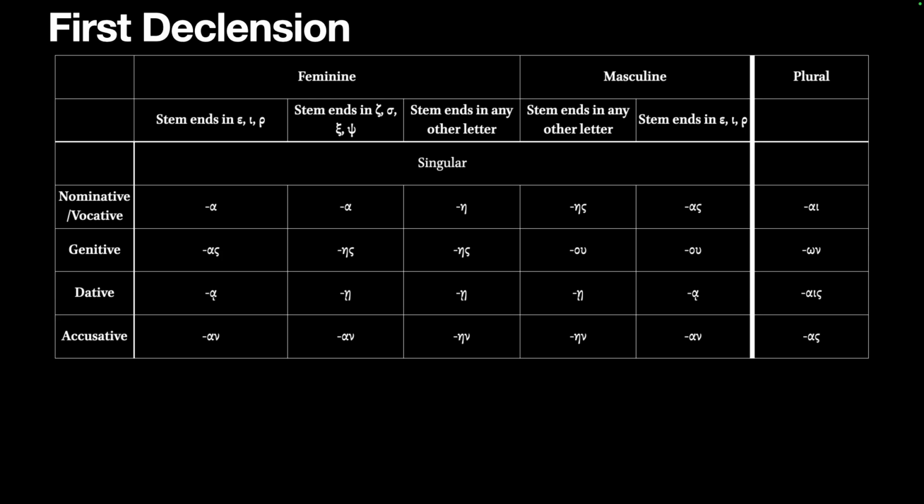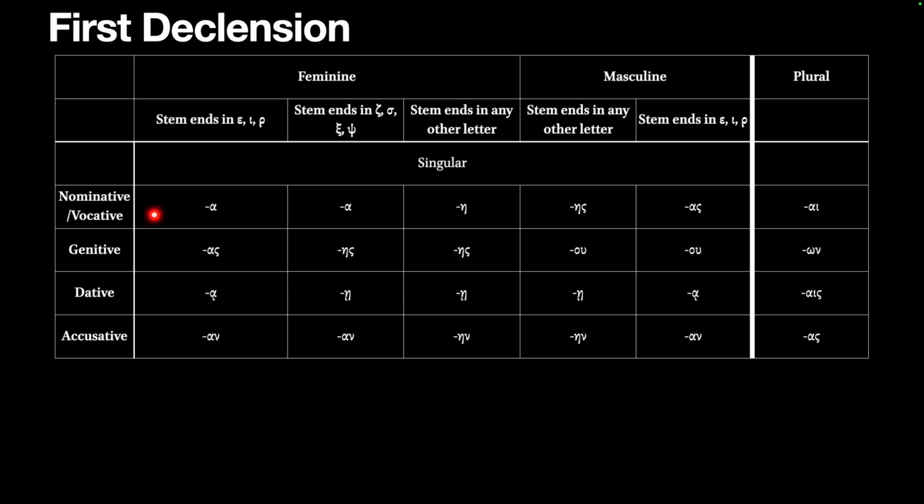So to simplify this a little bit more, or to give you some sort of basic rules, you're not necessarily expected to memorize these basic rules, but they are more for your reference of why you get either the eta or the alpha as the sort of vowel upon which those endings are made for the first declension.